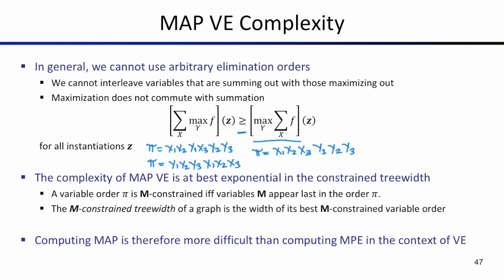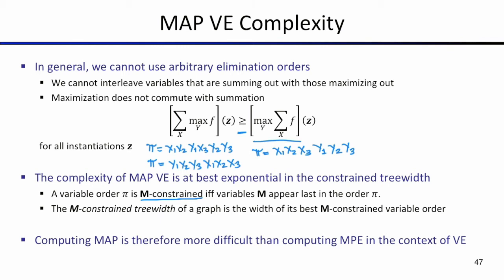Okay, and now that we know that not every elimination order is going to be useful to us, we can define what are the elimination orders that give the correct results. So I'm going to call one elimination order pi as M-constrained if the MAP variables appear last in the elimination order pi.